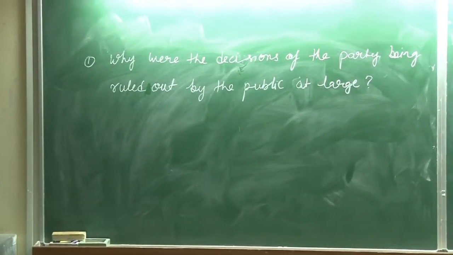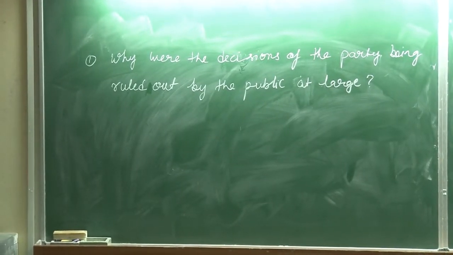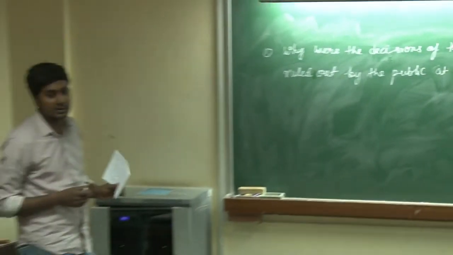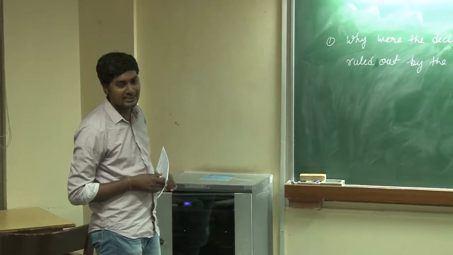See, decision you can overrule. Suggestion you can rule out. What is the idea of ruling out a decision? Have a special right of ruling out any decision of the government by protest? That is not ruling out.